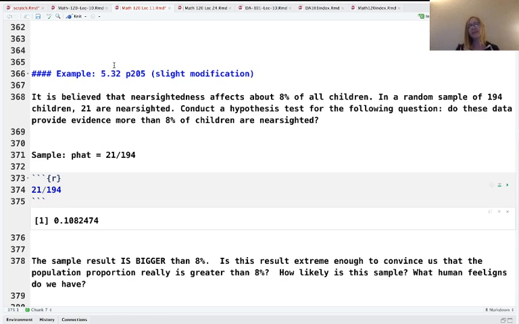And that's what the hypothesis test is designed to answer. By the way, I just verbalized the alternate hypothesis. Let me say it again. The alternate hypothesis is we suspect that the proportion of children who are nearsighted is greater than 8%. That's what we're testing.